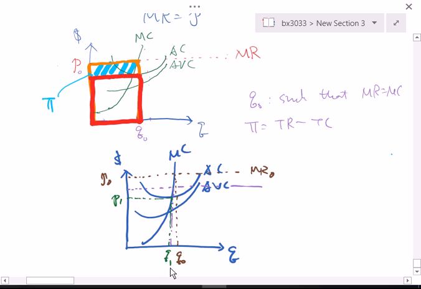Okay, so now at P1 and Q1, total revenue is this green rectangle, and for total costs, if you go from Q1 up to average cost, you read out the average cost.